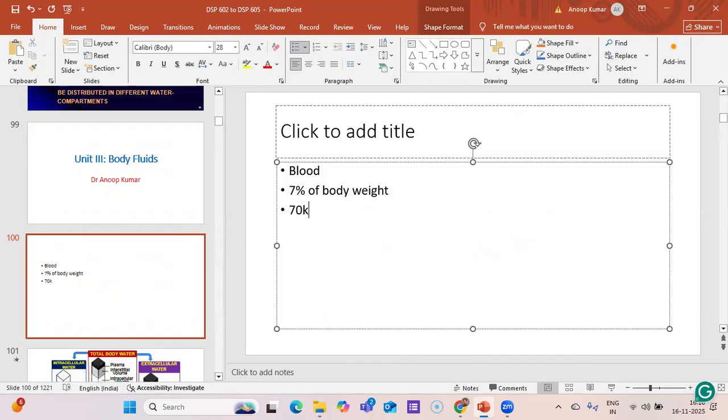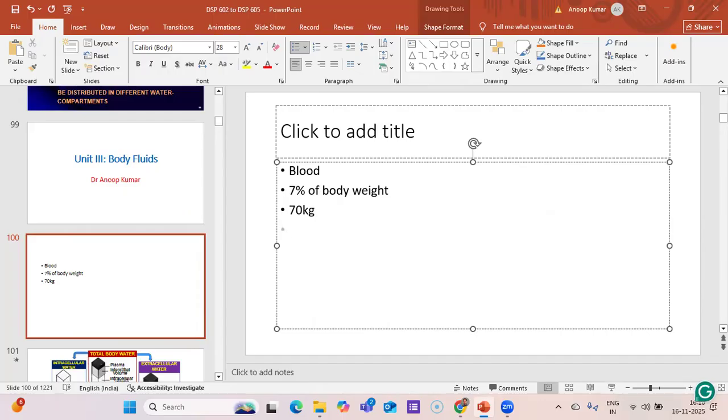The question is from where the 5 liters comes, right? We answer these questions saying approximately 5 liters of blood we have. So from where does 5 liters come? As I said, it's 7% of body weight, and we are considering a healthy individual of 70 kg.